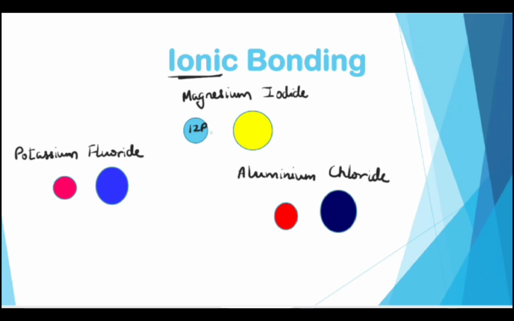So that means it has 2 electrons in the outermost shell. Iodine, or iodide as an anion, belongs to group 7. That means it has 7 electrons.